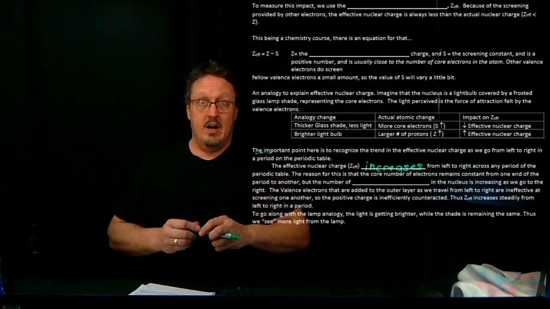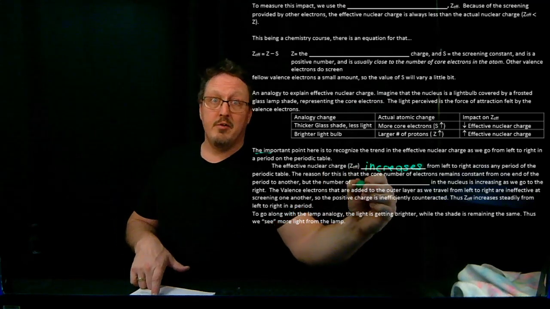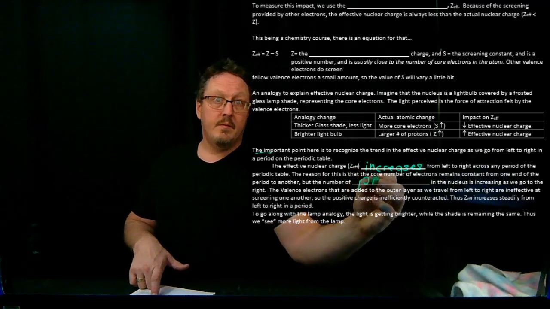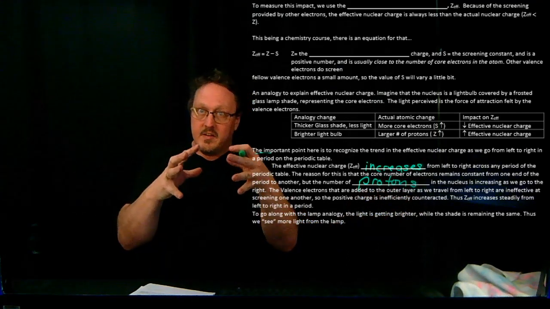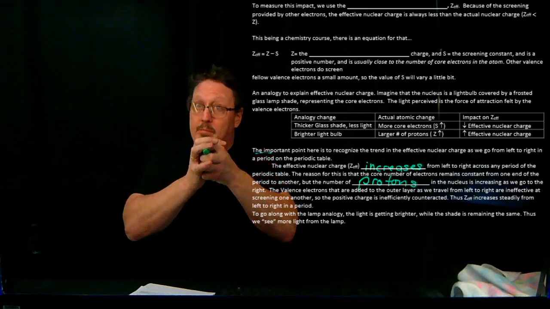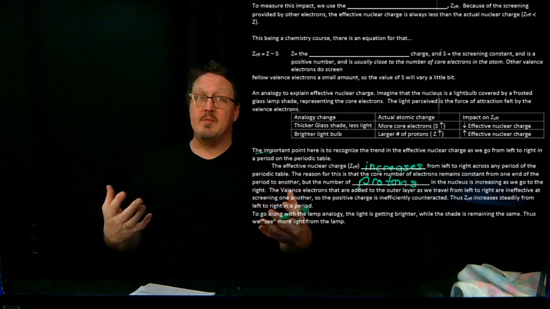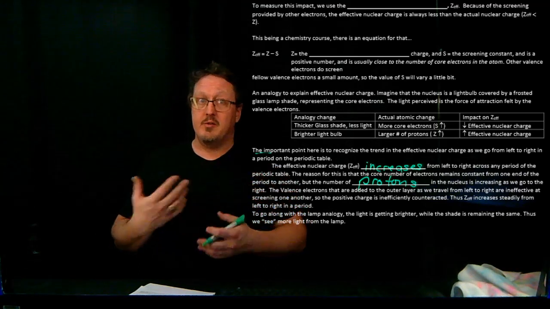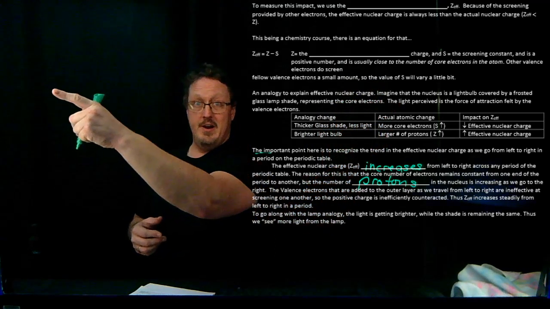Now, the valence number of electrons changes, the core number of electrons stays the same, but we're putting more protons on the inside of that. We're putting a brighter light bulb in as we work through it. And so the protons in the nucleus are increasing as we go across the periodic table.